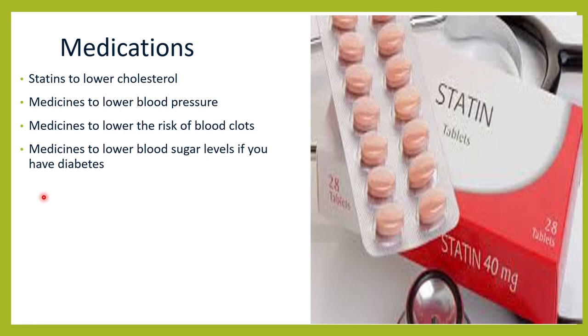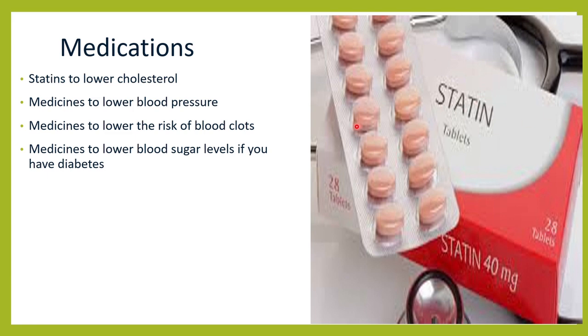The medications we use in atherosclerotic patients are, first, to lower the cholesterol level. We want to see that the lipid profile is balanced and reduce the dyslipidemia. So we give medicines to lower the cholesterol: the statins, fibrates, niacin, bile acid sequestrants, etc. Then we also have to control the other risk factors.